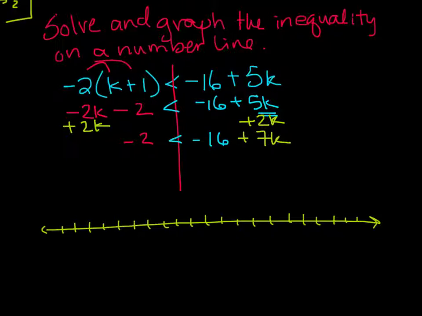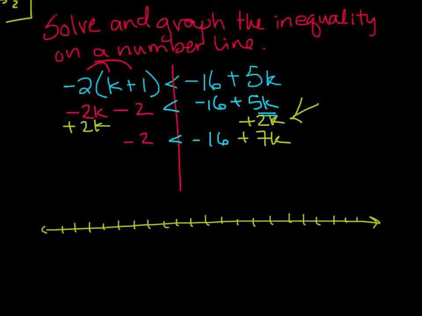The reason I did that is that it keeps everything with the variable positive, so I don't have to multiply or divide by a negative number, because that just makes a mess. So look for those easy little tricks. If you end up doing something different, that's just going to make your life a little more difficult, but it's not that big of a deal.